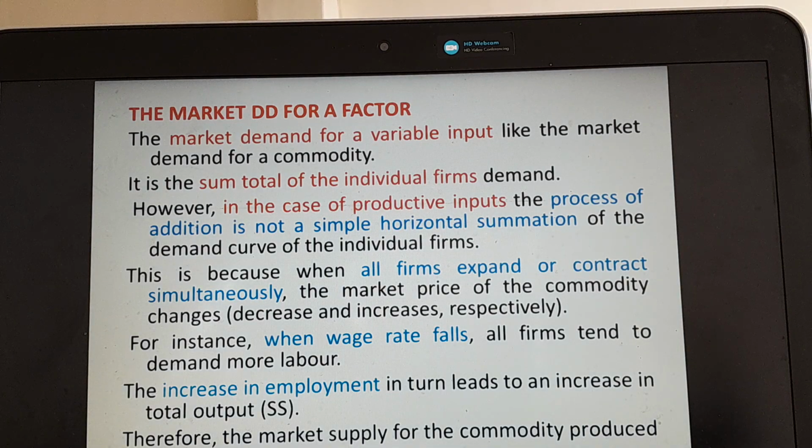For instance, when the wage rate falls, all firms tend to demand more labor. The increase in employment in turn leads to an increase in total output. Therefore, the market supply for the commodity produced shifts to the right.